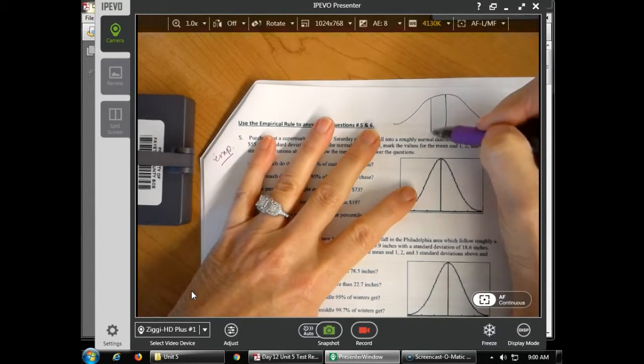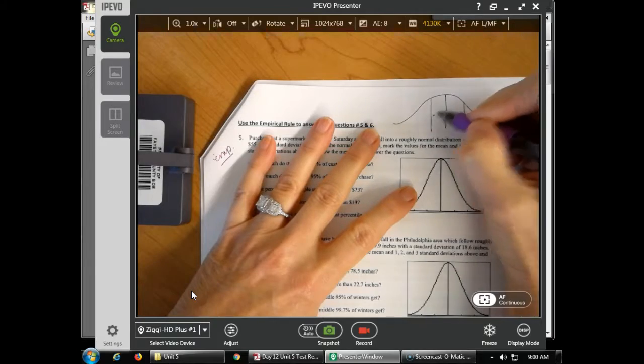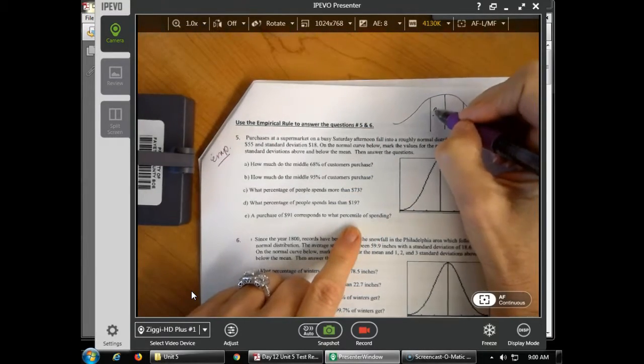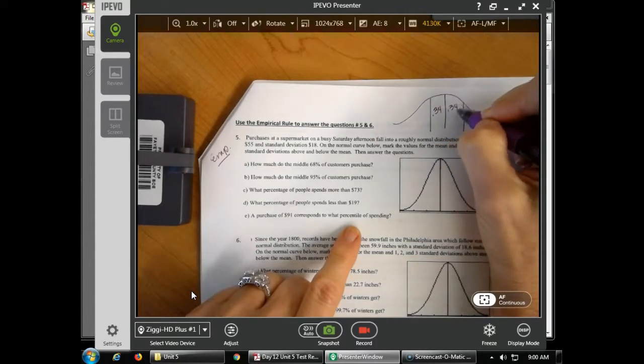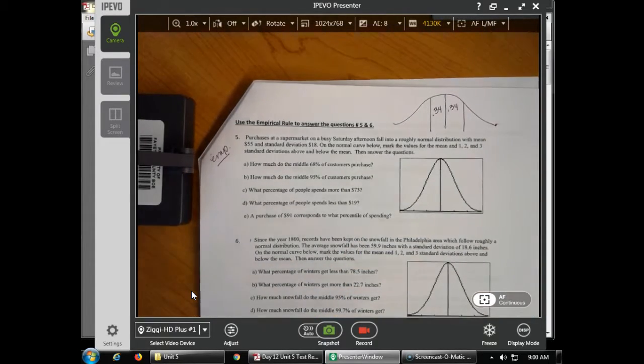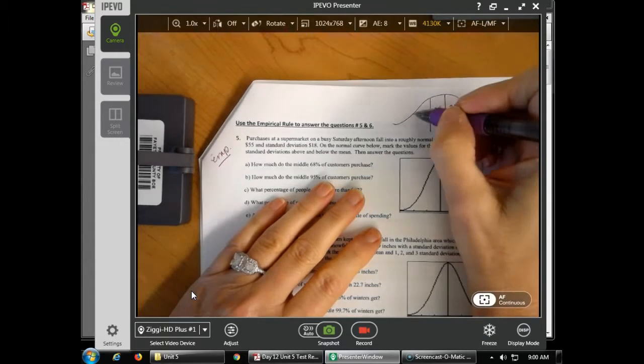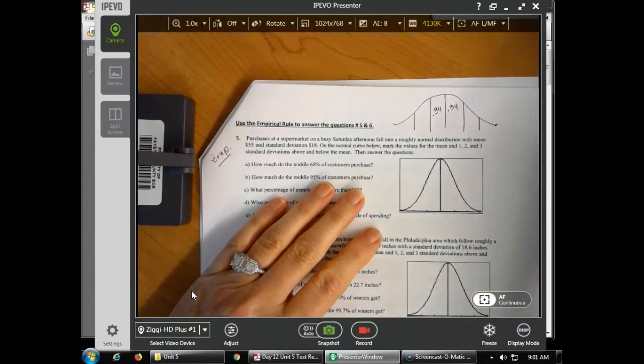So 68% is in the middle. That means that's within 1 standard deviation above or below. So this is 0.34, this is 0.34. That's your 68%. Then within 2 standard deviations above and below, you have what? Do you remember? 13.5.